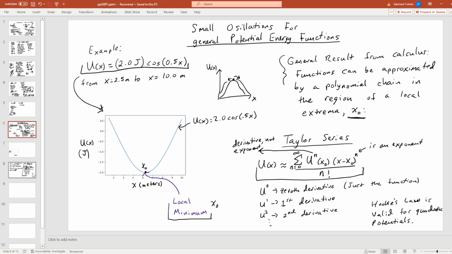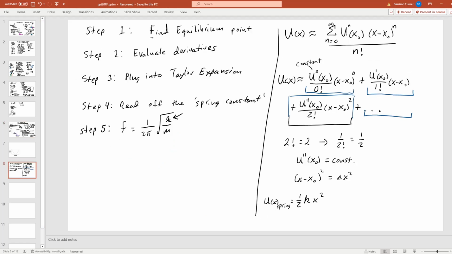So let's go through our process. Find the equilibrium point. Now, if you haven't gone through this kind of process in calculus yet, your equilibrium points are where your derivative disappears or where your derivative is horizontal. I should say the derivative is 0 where your slope is horizontal.